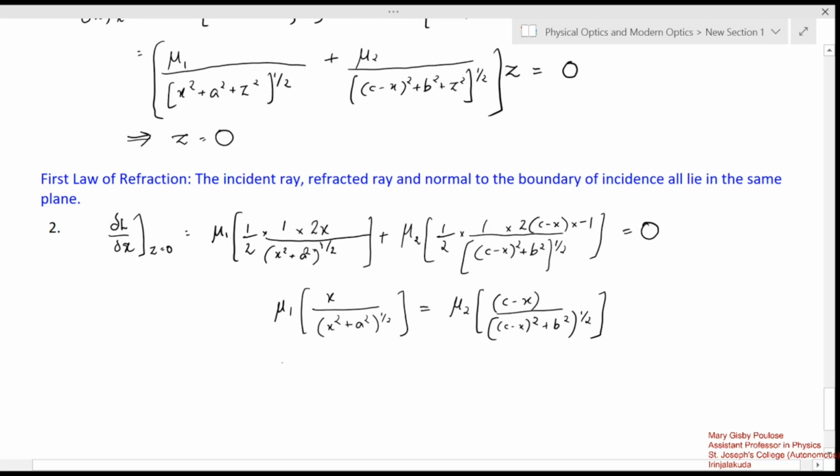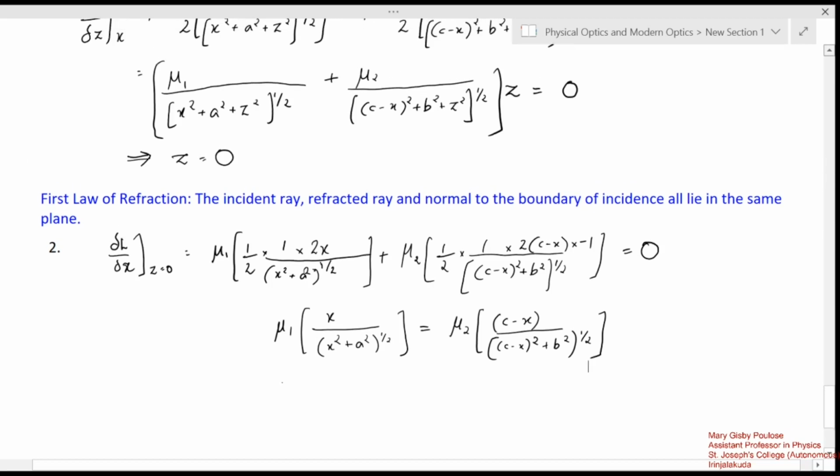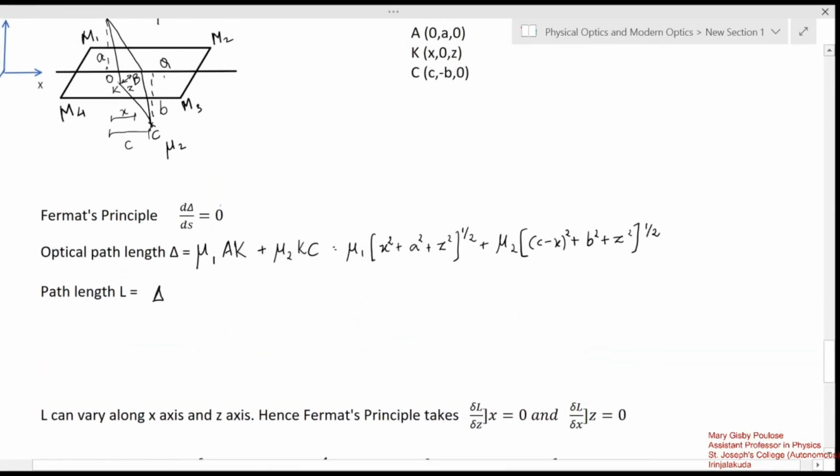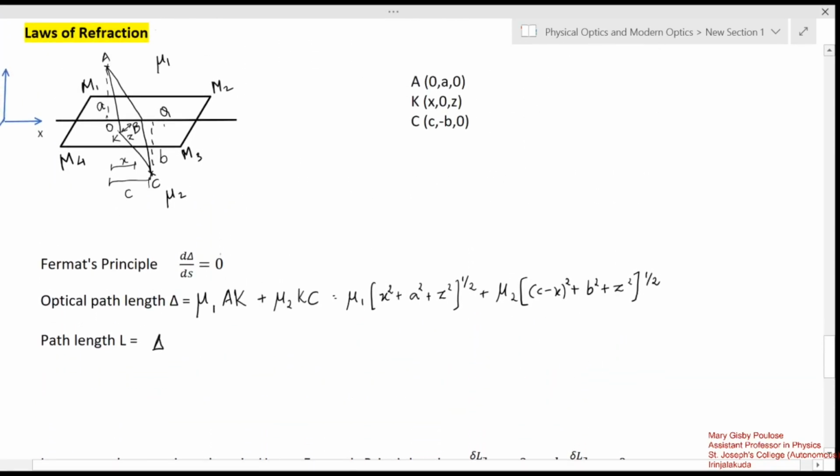Now let's go to the figure again. We have a relation in angles here. From this figure, we can see that x divided by the root of x² + a² will be sin i.